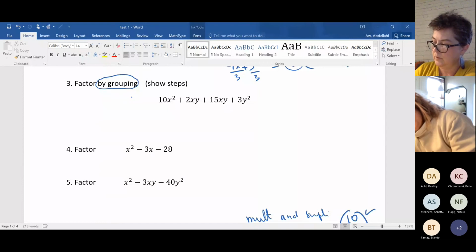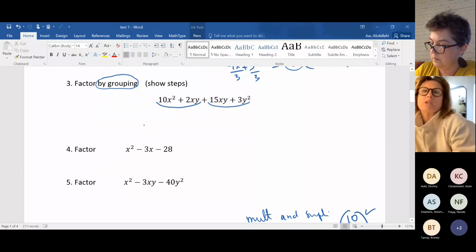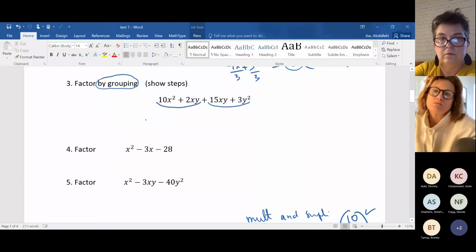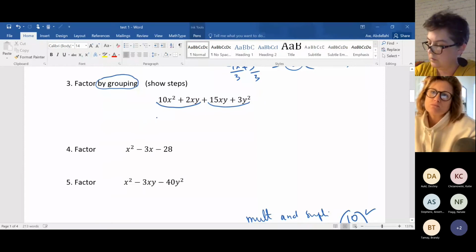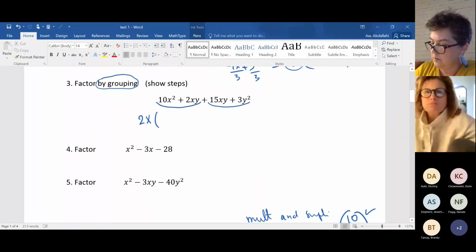So for instance here, we're going to group the neighbors, number 1, number 2, and number 3, number 4, right? What is the GCF here for the first 2? What can we factor out? 2x. Thank you, 2x. Because I put 2x up front, I'm going to divide everybody by 2x.